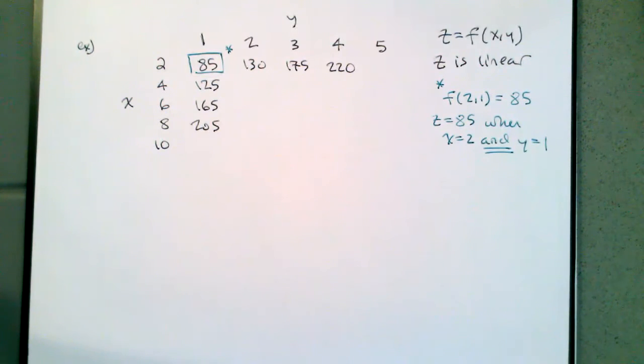So take a moment and think about what the rest of the table should be. Remember that z is a linear function. Linear functions have a constant rate of change. We have two different directions, an x direction and a y direction.